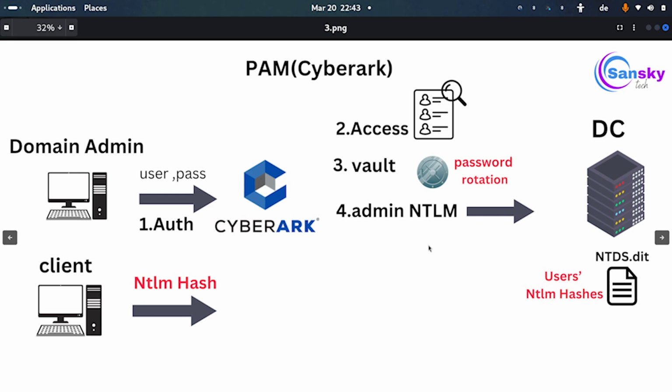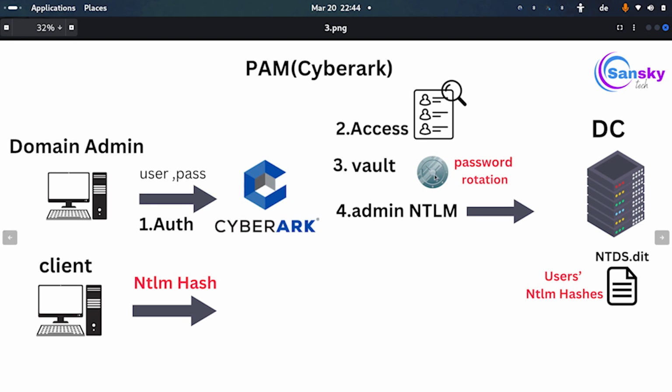As you have just noticed, the domain admin has only a specific user credential for CyberArk, and so the domain admin has no clue about the password of the domain admin account, which means that the insider intruder is going to be cancelled by CyberArk. Not only that, the passwords stored in this vault, which are the passwords of all of the users, even the local users in this client system, are going to be changed automatically.